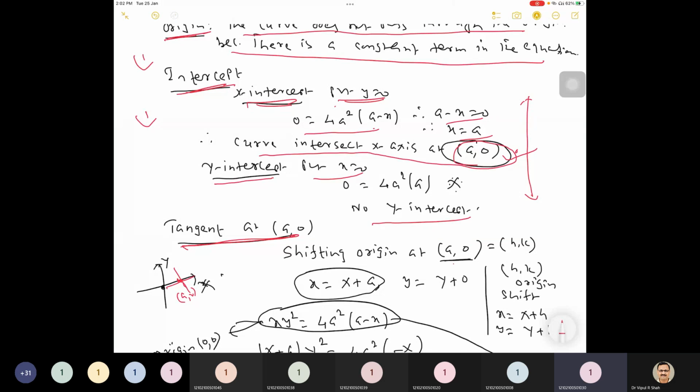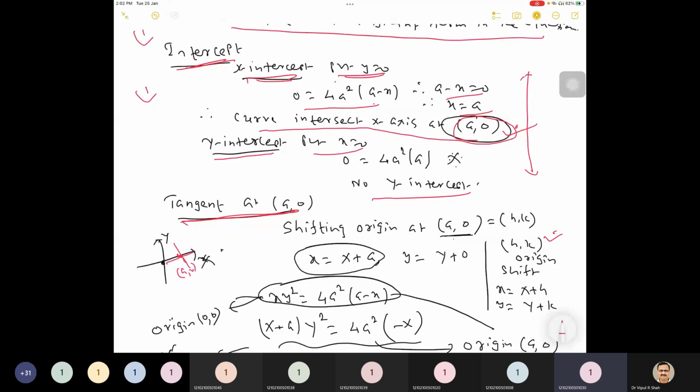This is a formula. If you shift origin at (h, k), then if small x is the old coordinate, big X is the new coordinate, then small x equal to X plus h, y equal to Y plus k. This is the formula. When you shift the origin, the old coordinate becomes like this.